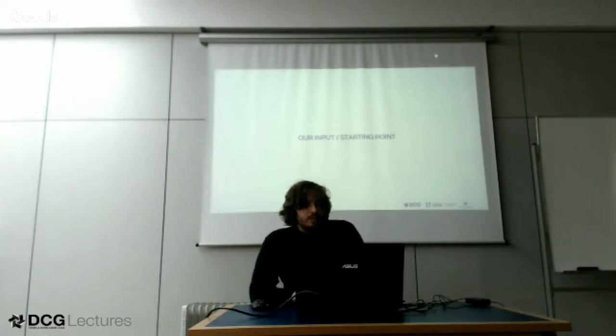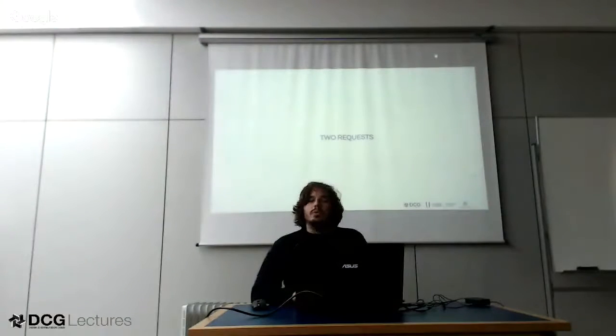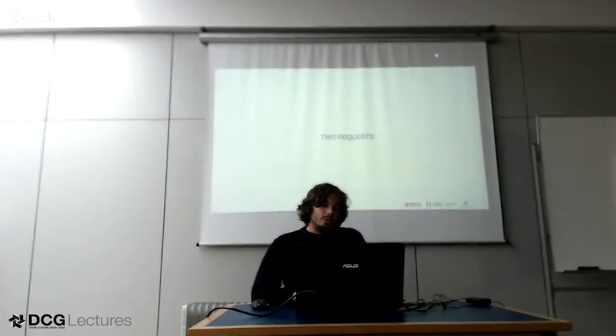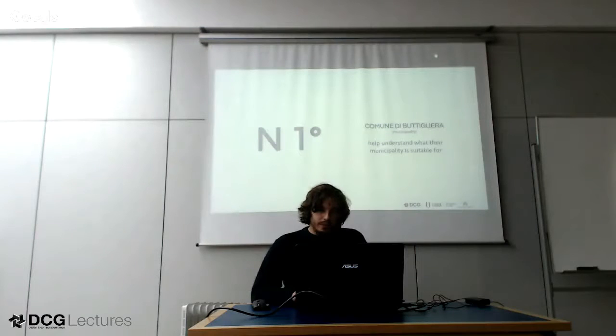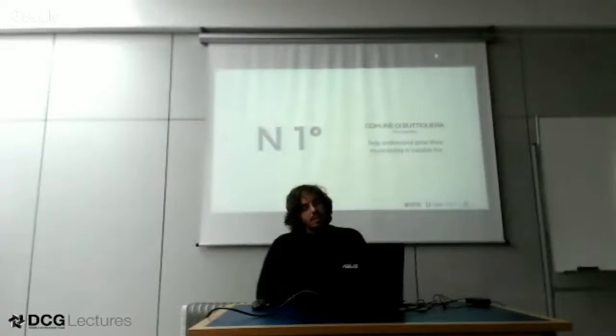We start from a question, actually two requests that came from two figures. One was a public one, the Comune of Bottigliera, asking us to help them understand what the municipality of Bottigliera was suitable for.